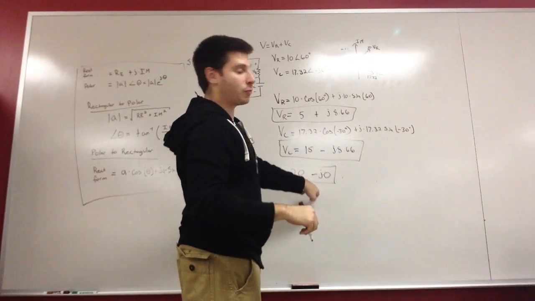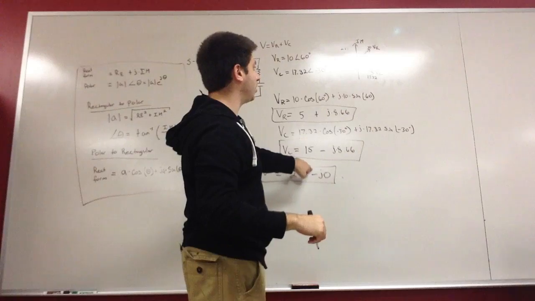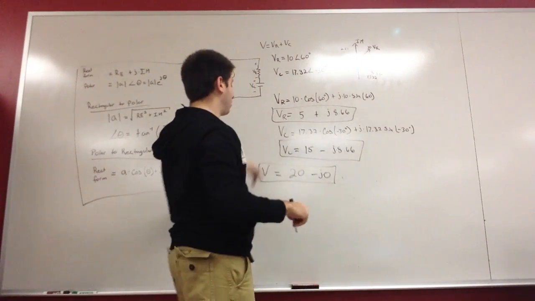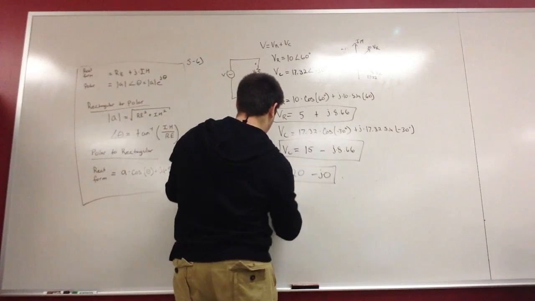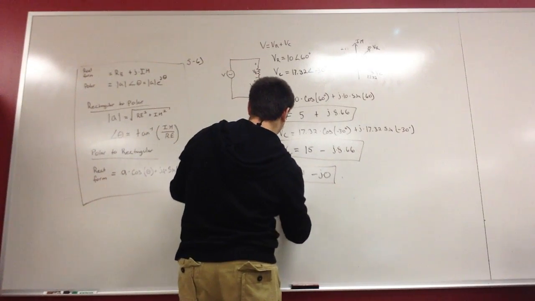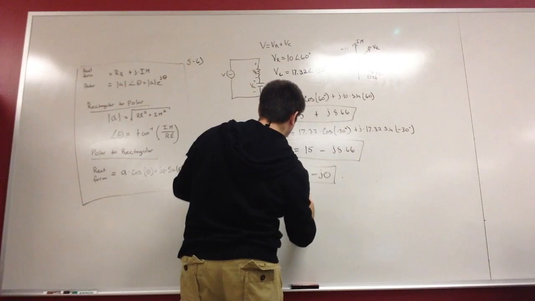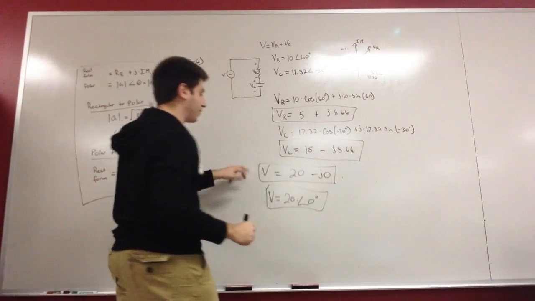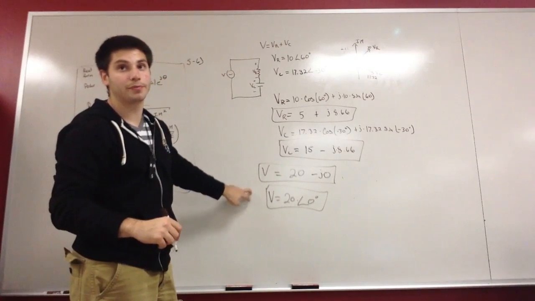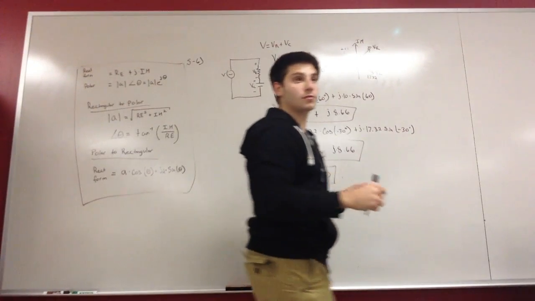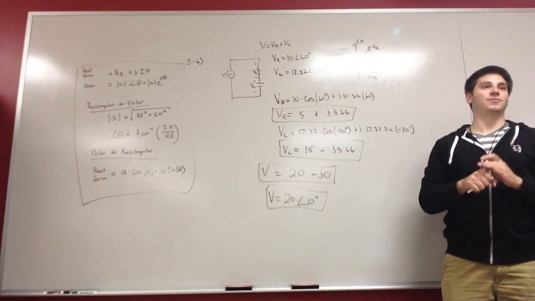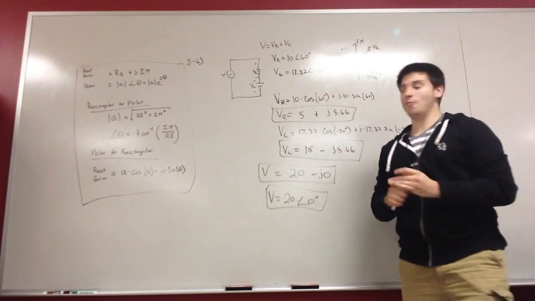Going to the polar form, if there's no imaginary component, it's going to lie only on the real axis, so we'll have an angle of 0. So V is equal to 20 at an angle of 0 degrees. Right here we have our rectangular and our polar form. Any questions on this one? Nope. Move on to the next one.